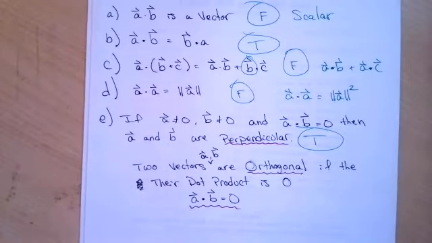Any questions so far? So let's expand upon this a little bit. If two vectors are orthogonal, we can use this dot product to compute the angle between vectors. So let's get back to the geometry a little bit and try to understand more intrinsically what is going on with this dot product.